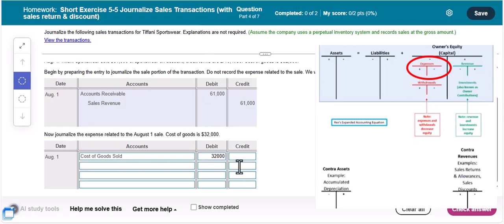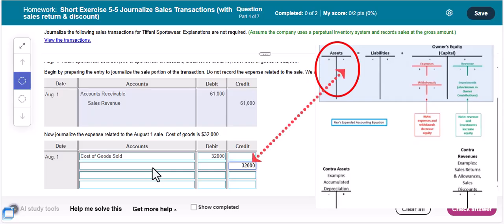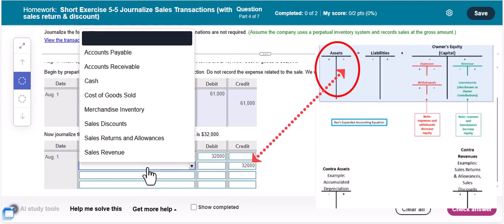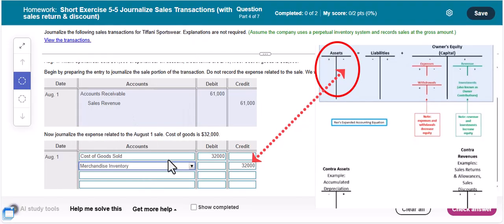And then to balance the transaction, we are also going to have a $32,000 credit, and that is going to be to our inventory, because remember, which way is inventory going when we sell it? It is going down. So that goes down with a credit because it is an asset, and assets decrease with a credit on the right-hand side. Whenever you buy inventory, it's an asset. A lot of people think, well, if I'm going to sell it eventually, isn't that an expense?